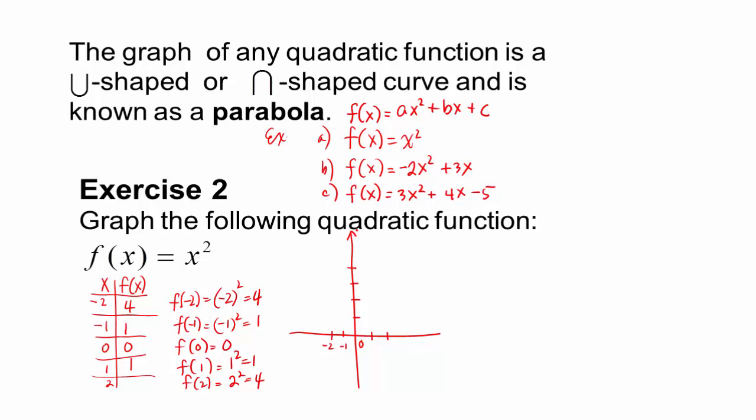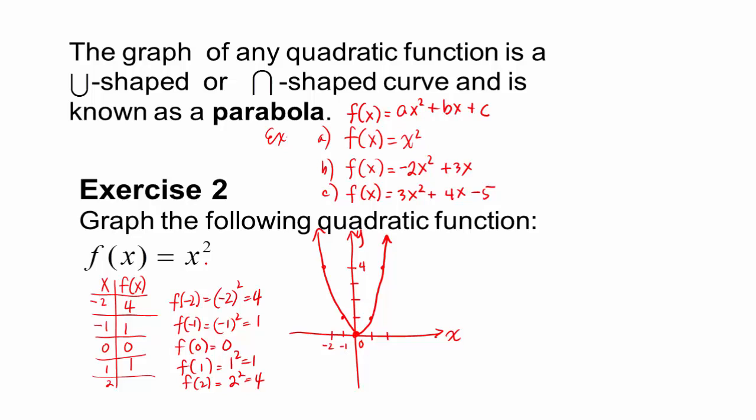Remember, these are your y and x axes. Then we have negative 1, 1, and then 0, 0, then 1, 1, and 2, 4. If we look at how this behaves, it looks U-shaped, and it's symmetric about the y-axis if you have this form.